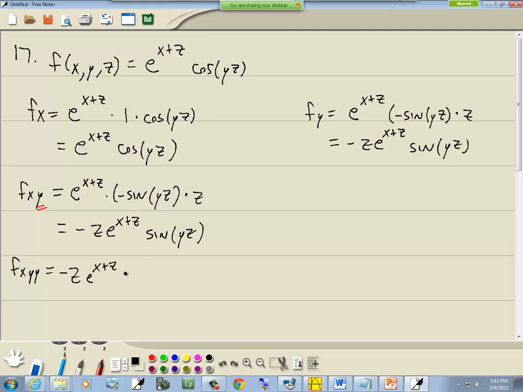The derivative of sine is cosine times the derivative of what's inside the parentheses with respect to y, because that's what we're doing now. Derivative of this with respect to y is again z, so we get negative z squared e to the x plus z cosine of yz. And that's our first answer.